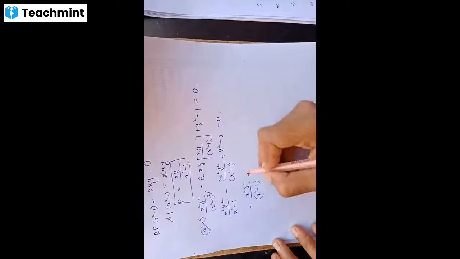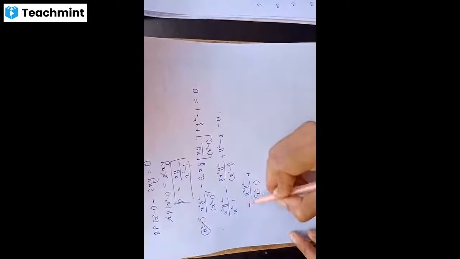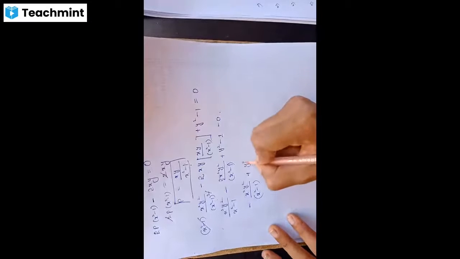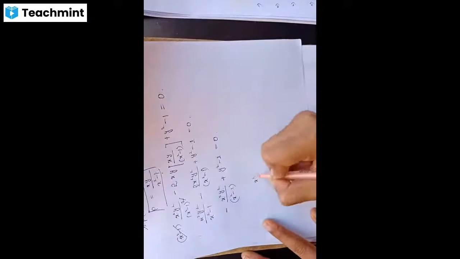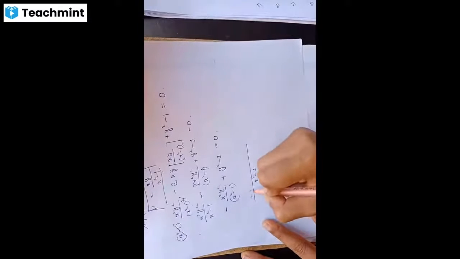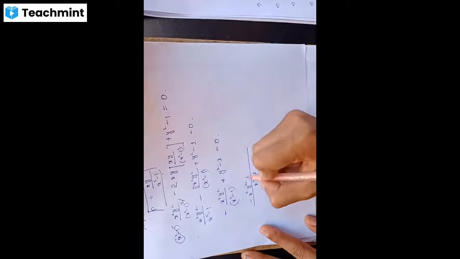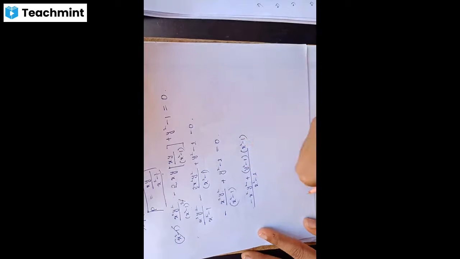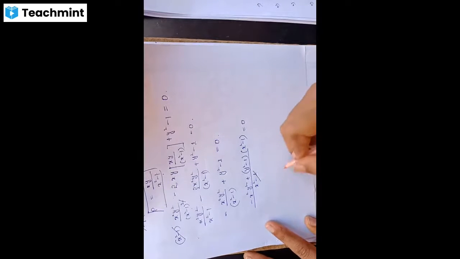I am simplifying this first. So 1 − 2 is −x²y²/(x² − 1) + y² − 1 = 0. Now we can take (x² − 1) as the LCM: −x²y² + (y² − 1)(x² − 1) = 0. Then the denominator gets cancelled by cross multiplication.